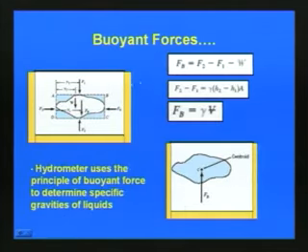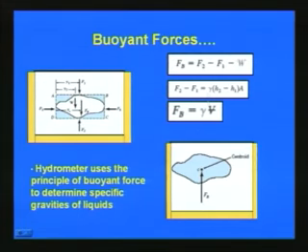Here you can see the buoyancy force is equal to F2 minus F1. F2 is the force acting upon the body which is submerged fully or partially, and F1 is the force acting with the weight of the fluid which is acting upon this.